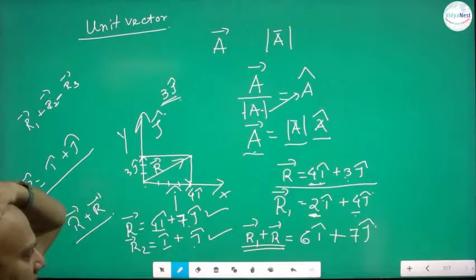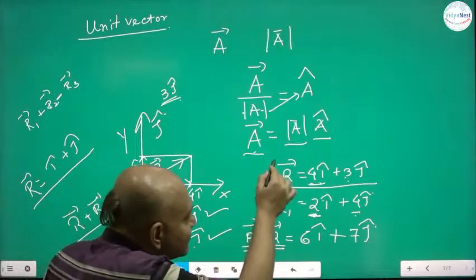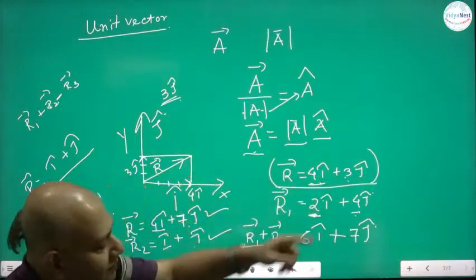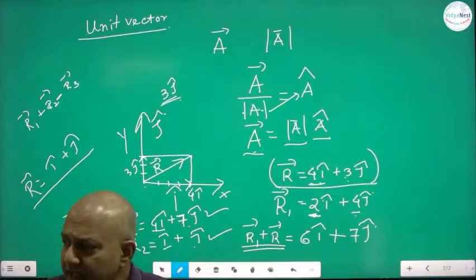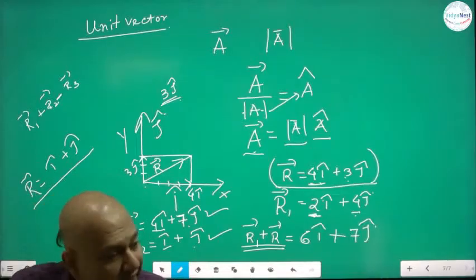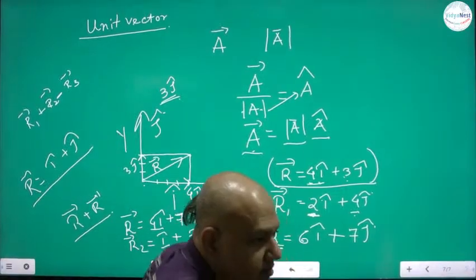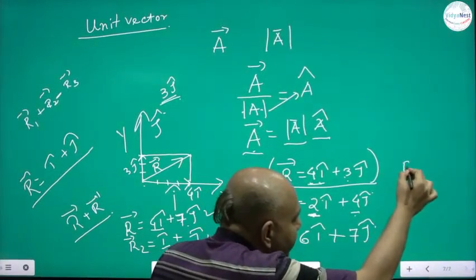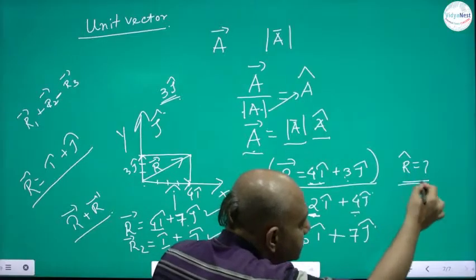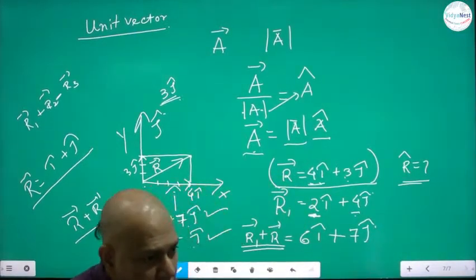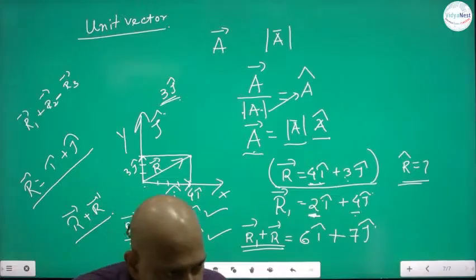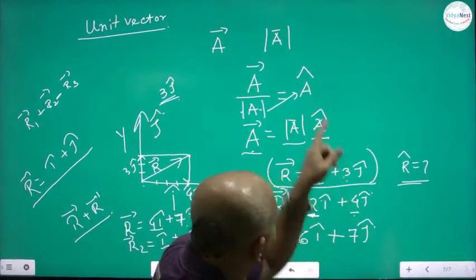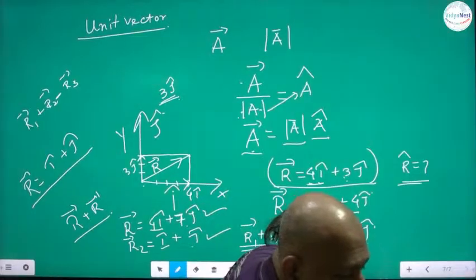Acha, Saurabh, you observe this is r, 4 i cap plus 3 j cap, it is a vector r, isn't it? Now, can you tell me how I can find r cap? Unit vector along r, how can I find? The rule is that vector by magnitude of the vector is the unit vector.